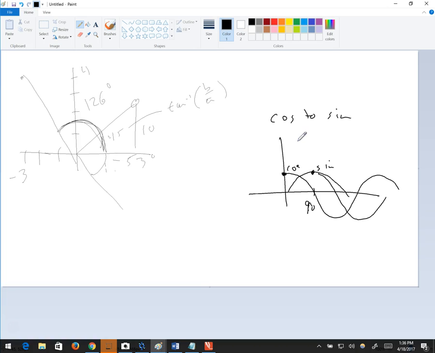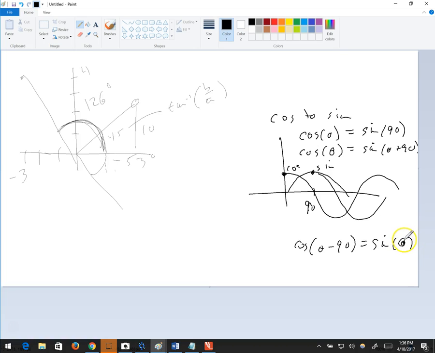You can put this on your cheat sheet for test 4, but you can pretty much derive that cosine of 0 has to equal the sine of 90. So cosine of theta is going to equal the sine of theta plus 90, right? If theta is 0, you get 90. If theta is 90, you get 180 on the sine. And so you can use that to shift back and forth. You could also say that the cosine of theta minus 90 would equal the sine of theta, right? Those are the ways you can transform back and forth between them.